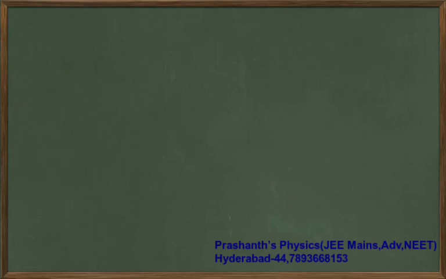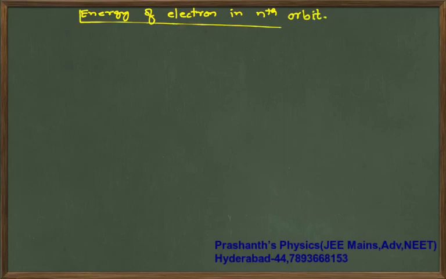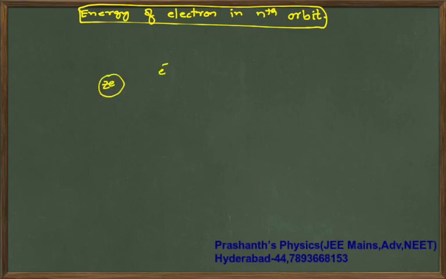Now next one is energy of electron in nth orbit. When it comes to energy, because the electron is moving, it will have kinetic energy, and because of the nuclear charge, the electron will have two things: potential energy and kinetic energy.